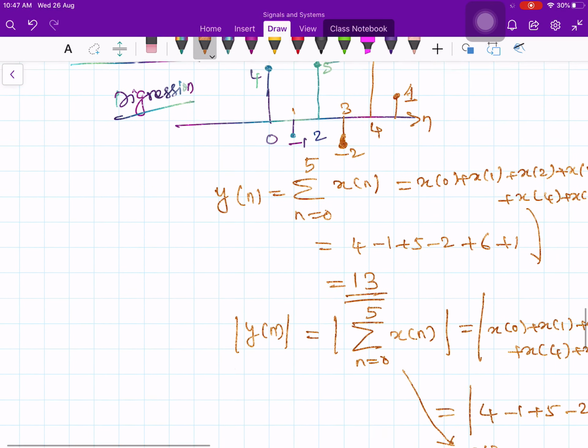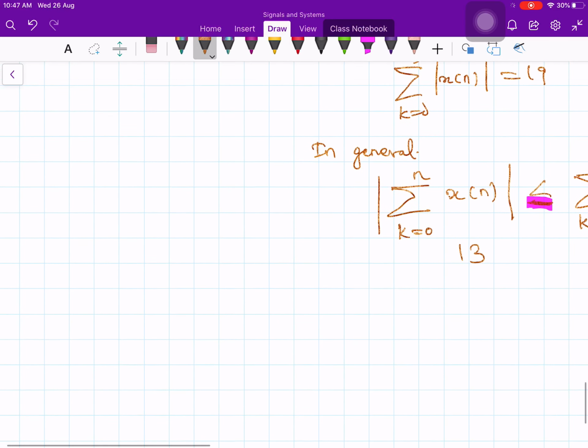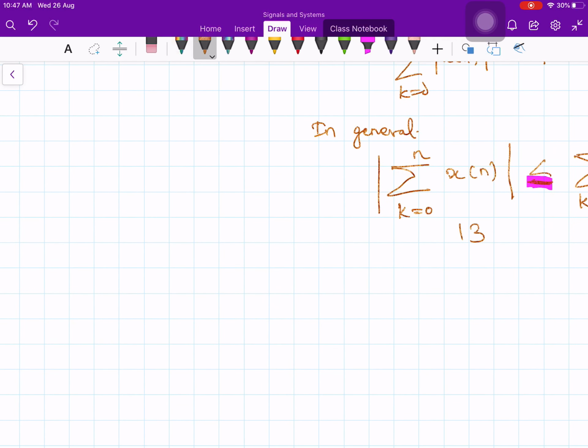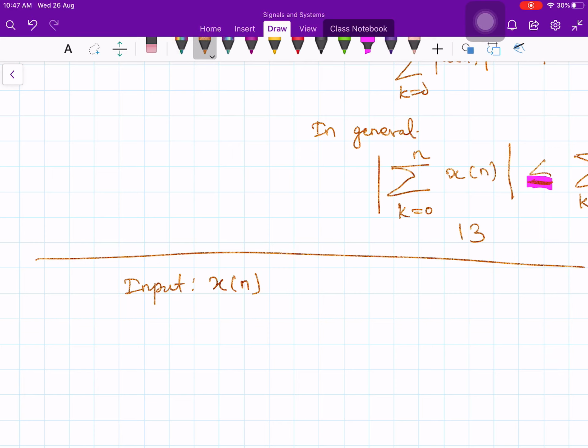Now recall the definition of stability. We said that a system is stable if every bounded input x of n produces a bounded output y of n. Now in order to determine conditions under which LTI systems are stable, consider this input x of n, and this x of n is bounded in magnitude.